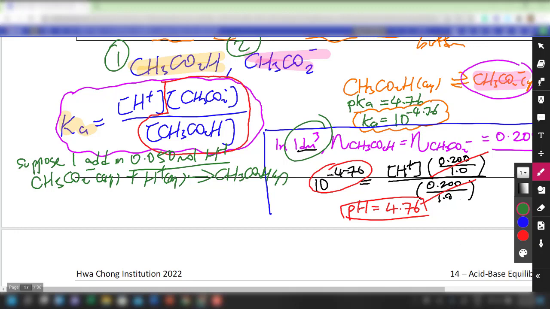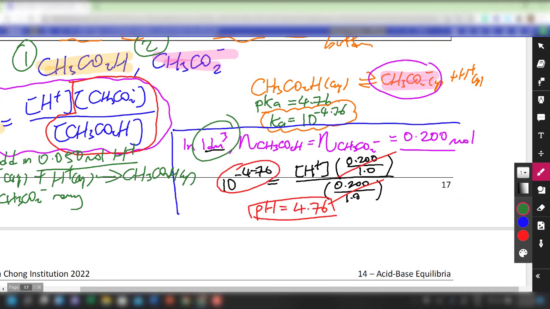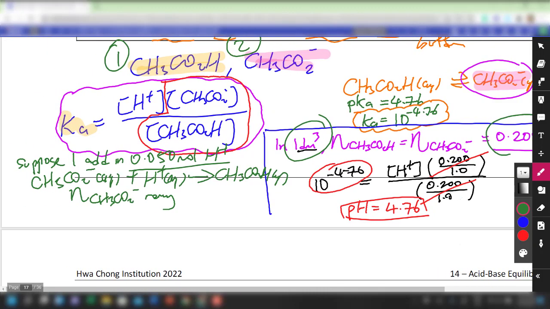Because they react in a 1:1 ratio, I can easily calculate the amount of ethanoate remaining after the reaction. Remember that I started off with 0.200, so the amount of ethanoate remaining will be 0.200 minus 0.050, which is 0.150 moles.